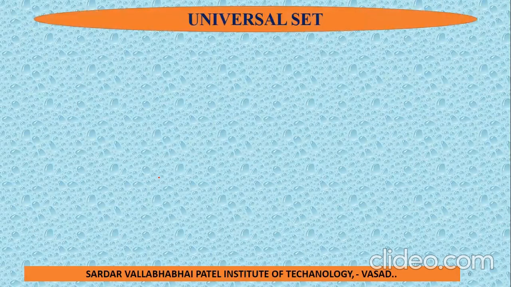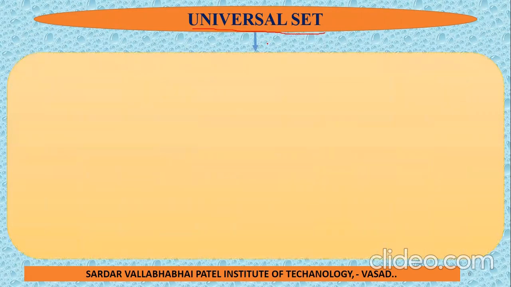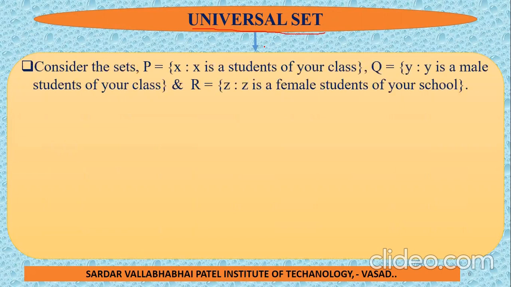Now, the universal set. So how do we consider it? First we take the concept and consider these three sets. P is the set of students of your class, Q is the male students of your class, and R is the female students of your class.